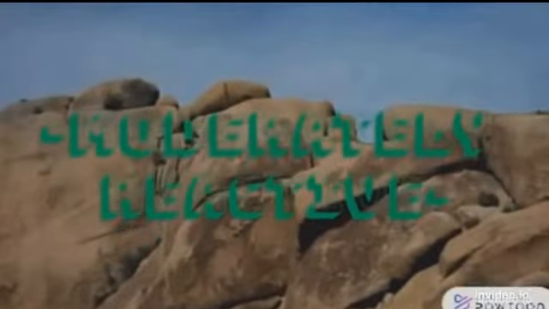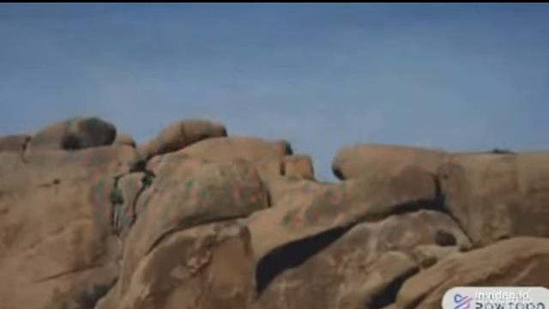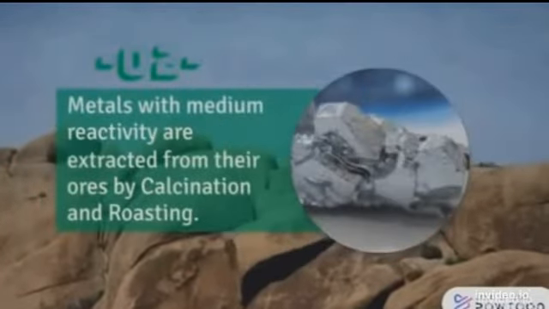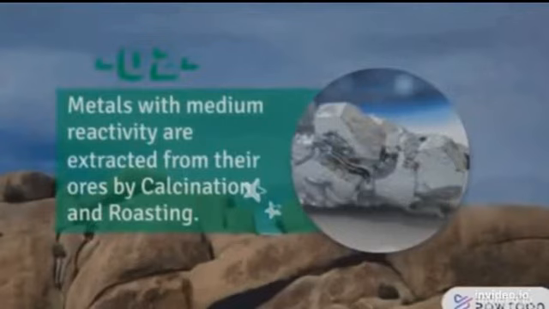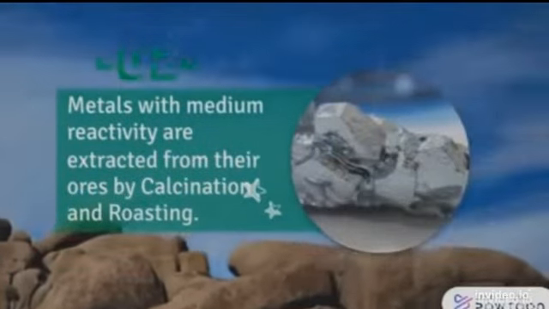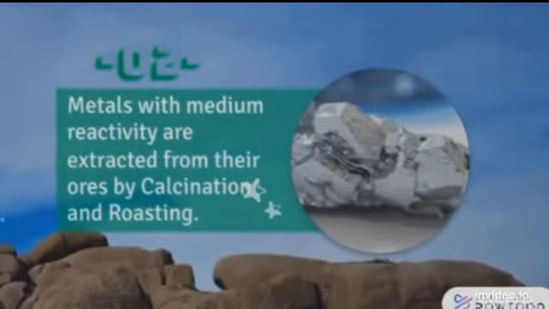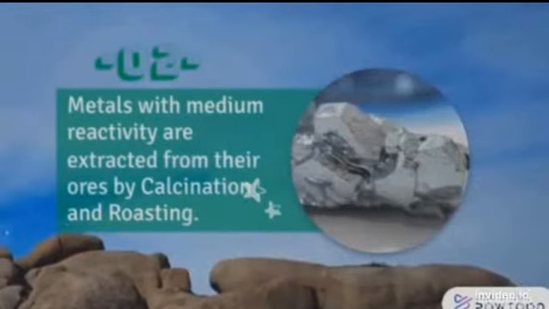The second is the metals with medium reactivity, like magnesium, aluminium, zinc, iron, tin and lead. Now these metals may be found in the sulfide ore or carbonate ore. Now there are two main processes which help to purify them.